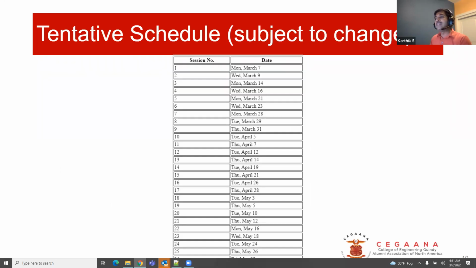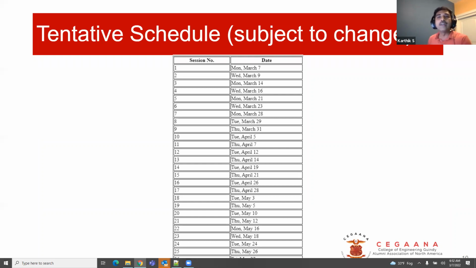And here I'm putting up a tentative schedule. The tentative word is very important. So many people are organizing and offering their time. So it's really not possible for us to stick to maybe just the same Monday, Wednesday, or Tuesday, Thursday, or any fixed schedule like that.